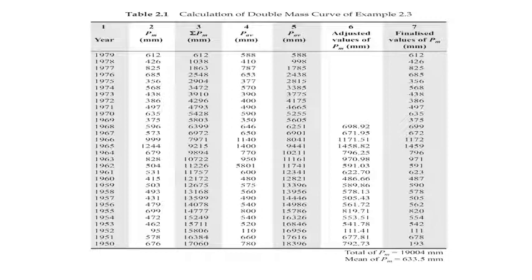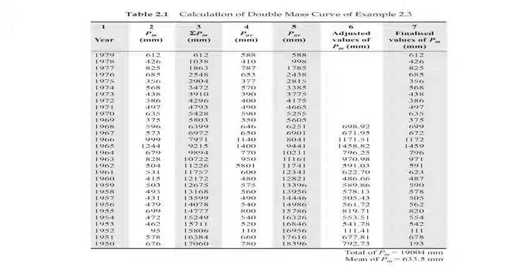For instance, if you look at the previous curve, one of the equations is y equal to 1.0295x plus 12.48, which is nothing but mx plus c. So m is the slope. Likewise, you will get the other slope, that is 0.8779, if you look from the graph. Once you get these slopes, you take the ratio of the two slopes multiplied by the rainfall value, and then you will get this adjusted value.